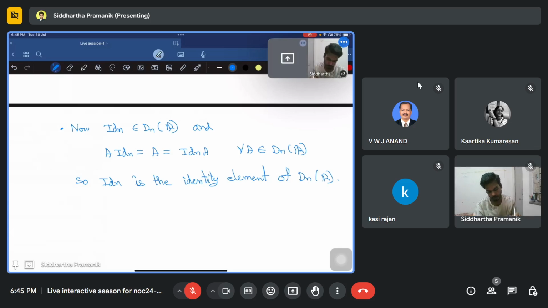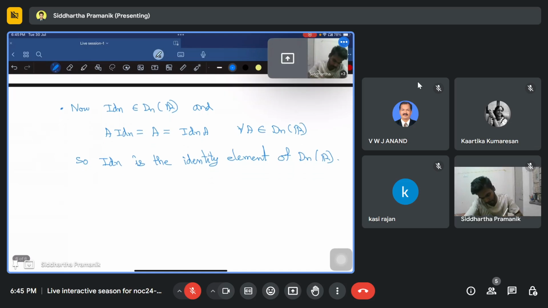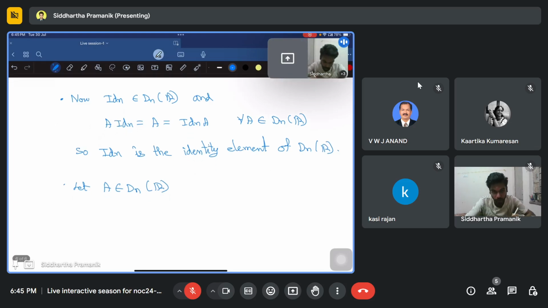Okay, so the inverse matrix. For a diagonal matrix, let A be an element of D(n,R). We need to find a candidate for the inverse of this matrix A, so that A times A inverse should be identity. If you observe closely, A looks like this: these are just the diagonal entries and all other entries are 0.